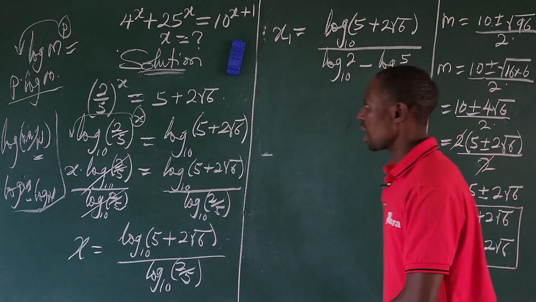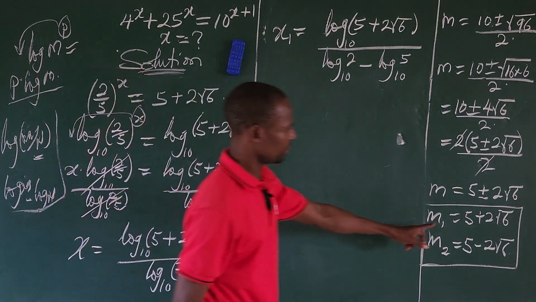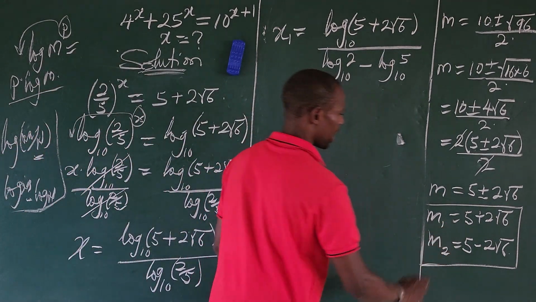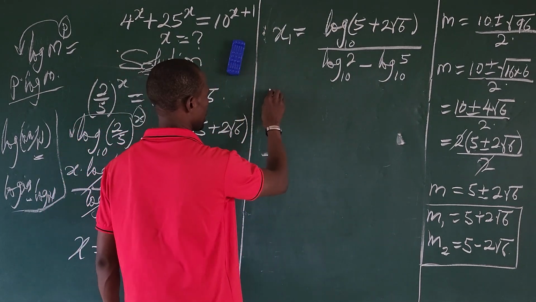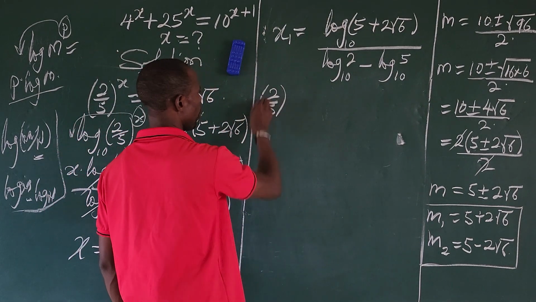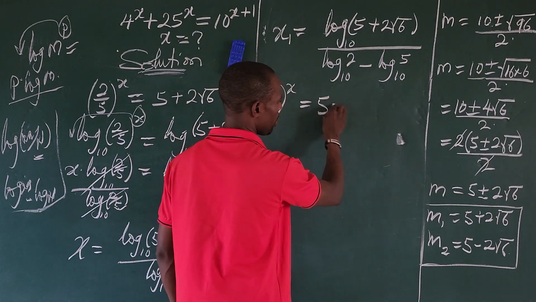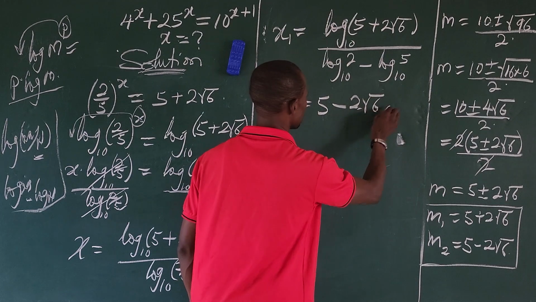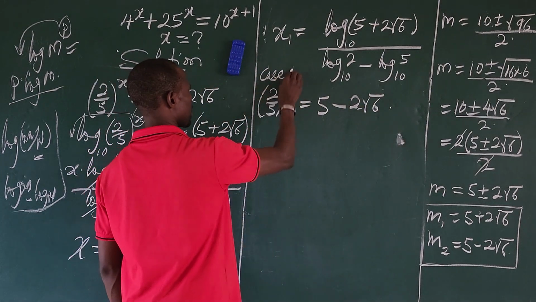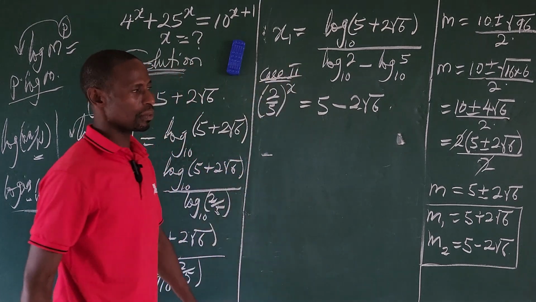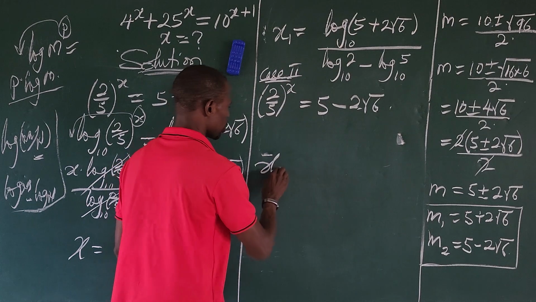Now, again, remember, we have our second case, because the first one we just saw is for this. So for our expression here, we're going to have the same thing, which is we know that 2 all over 5 all to the power of x will now be equal to our 5 minus 2 root 6 for our case 2. Let's indicate it. So this is our case 2. If you follow this same procedure down again, we're going to have our x2.